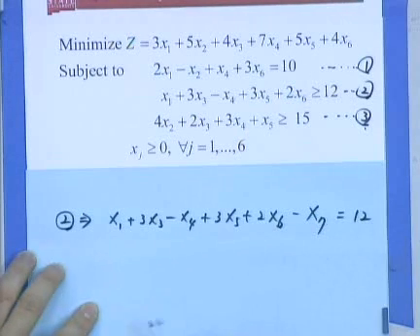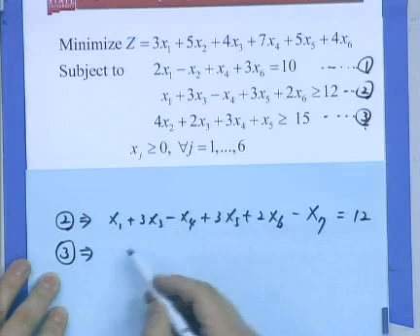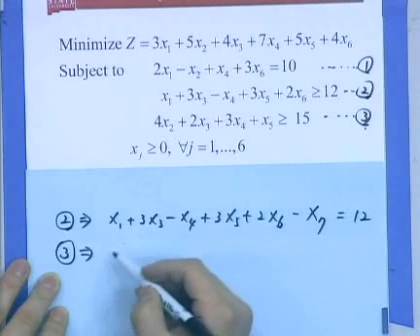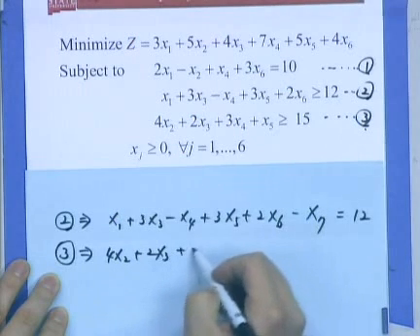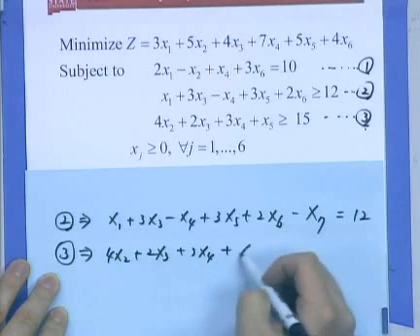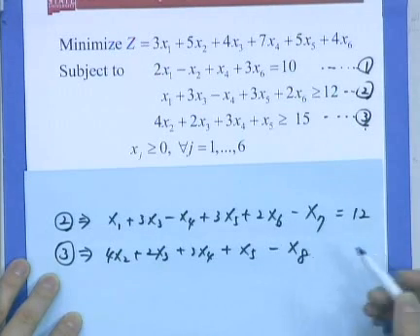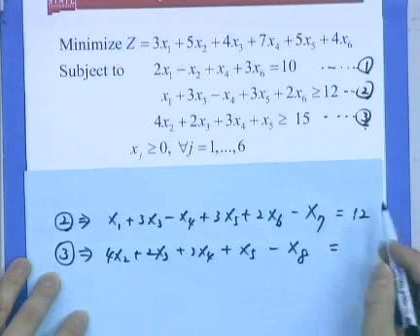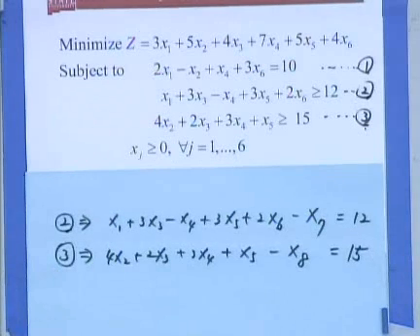Becomes 12. Likewise, the third constraint becomes 4x2, 2x3, 3x4, x5, and let's use x8 as the surplus variable for this constraint, and it becomes 15, right?